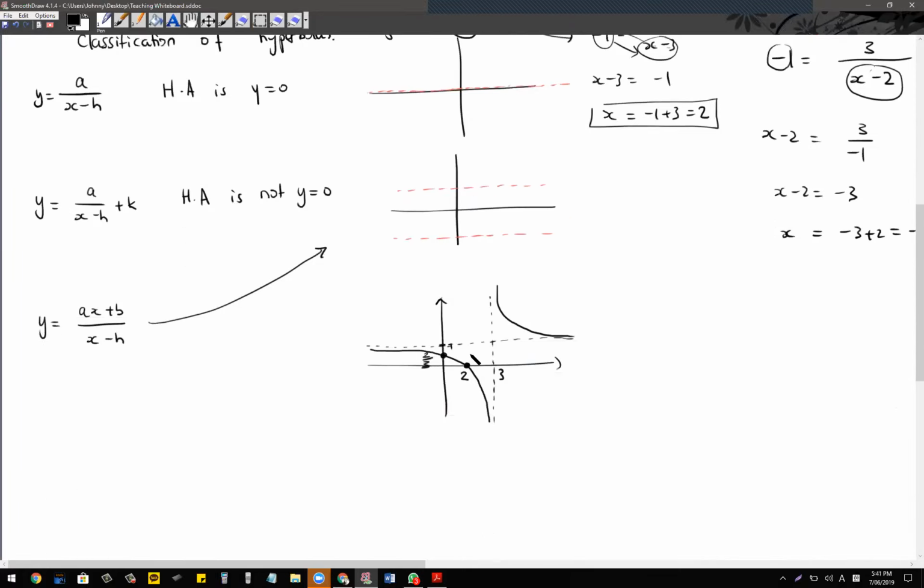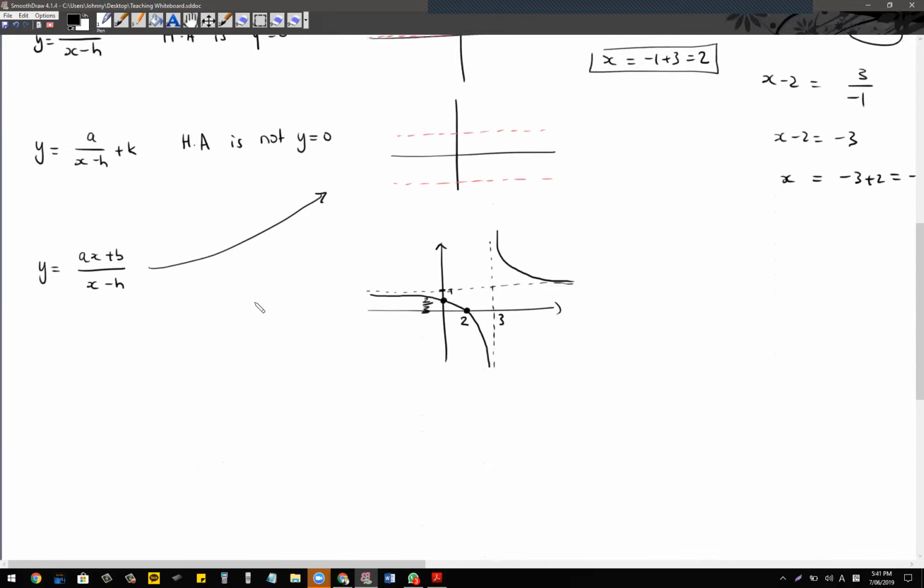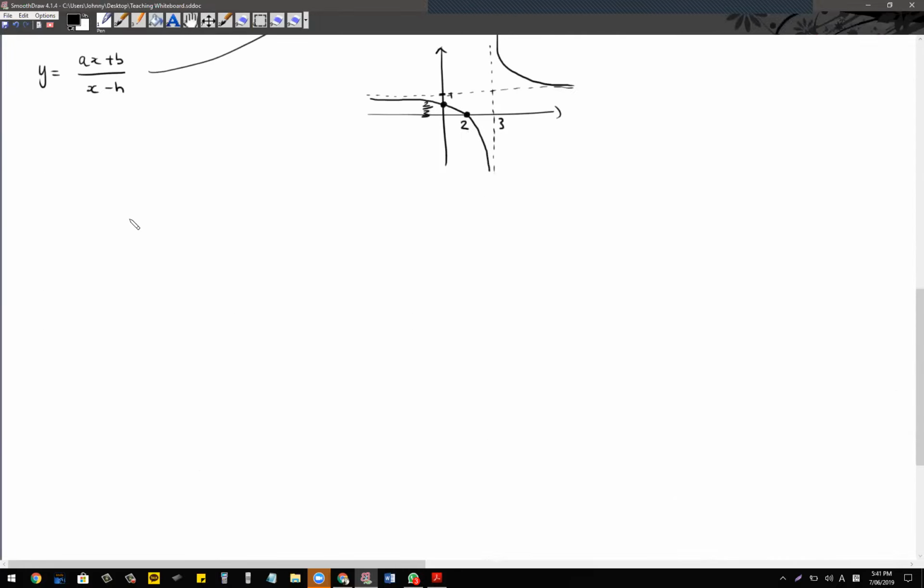Cool. So when I do that, I need to find first the asymptotes. When you do hyperbolas, the most important thing is the asymptotes. So you need a few things. You need the asymptotes, I would say that's number 1. Once you figure out the asymptotes, then you have to figure out the orientation.